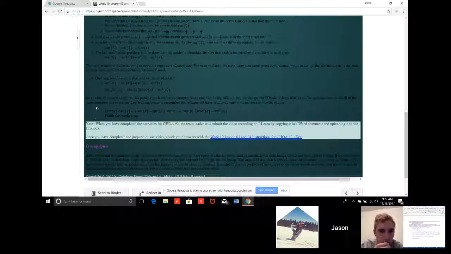Regardless of how she did it. Using substitution, we can get rid of both of those functions. So this is what she had, sine 2x and cosine 2x. Then she used substitution to get rid of them, even though they're right there. I don't know.